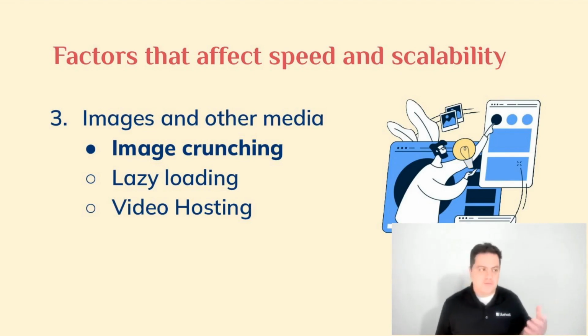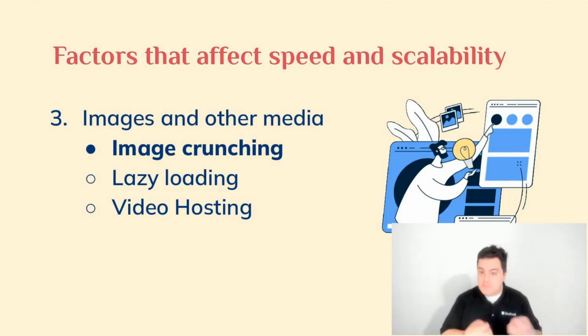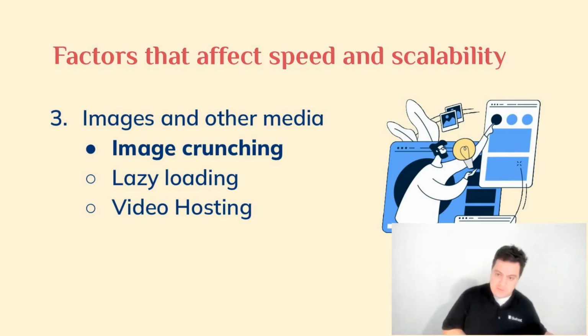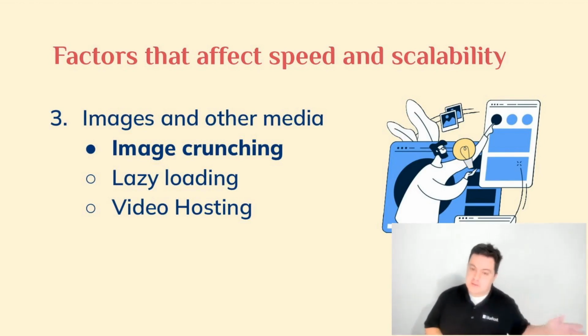Maybe if it's a photography site where all that matters are the photos, you want to use a different algorithm for image crunching, or turn it down slightly. But for most websites, it's probably just fine to turn it up and increase the amount of crunching so that you benefit from a faster site with images that look roughly the same.